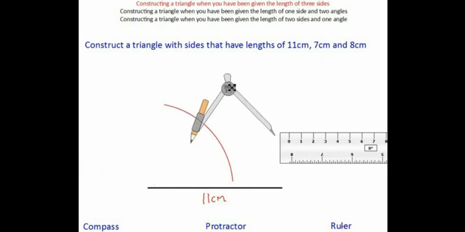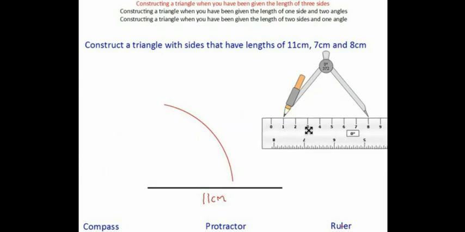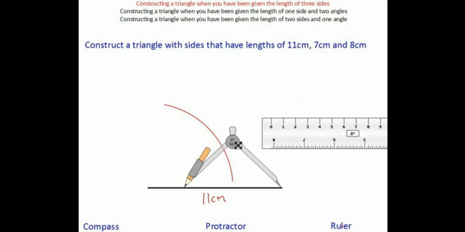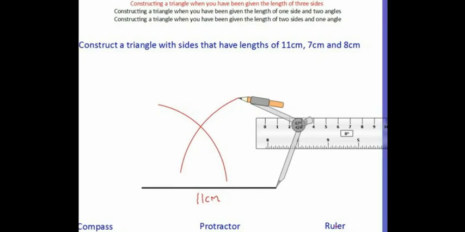Then for the next one we're going to have to open to 8 centimetres. So again, get it lined up with your ruler, open it up to 8 centimetres and then go to the other side of your baseline and do a nice arc. Then where those 2 arcs intersect is where you need to join the base with that line and then the other side of the base with that line.